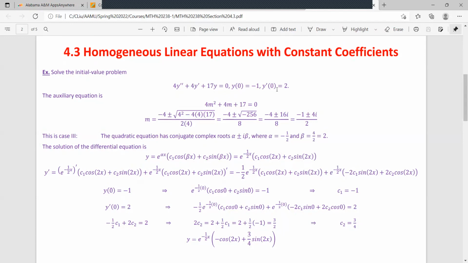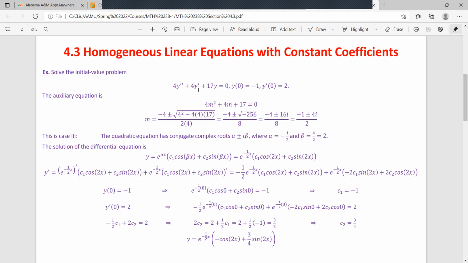So we can easily write down the auxiliary equation, which is the quadratic equation we obtained on the previous page. We call that quadratic equation the auxiliary equation.